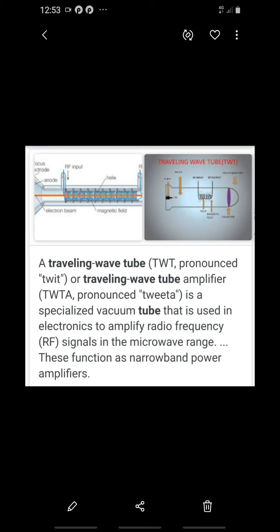Construction: it consists of an electron gun, magnet, attenuator, helix, and collector.